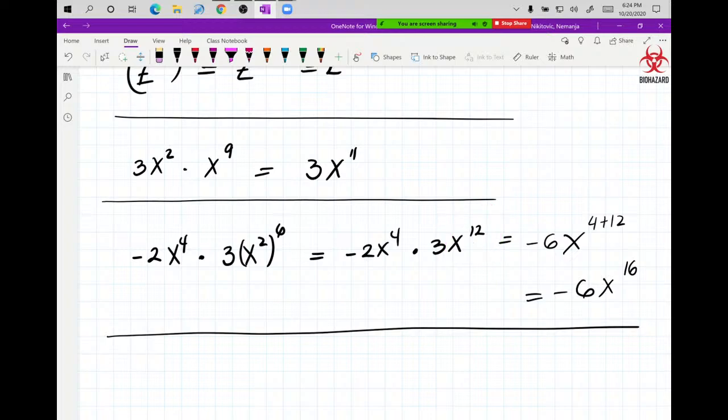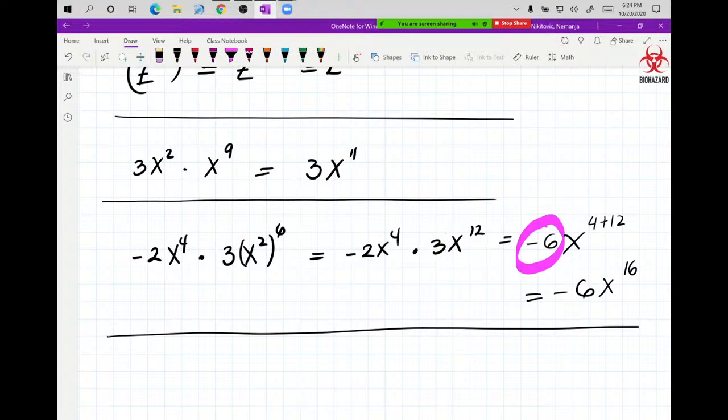Then the next part is, now when we're here, we have our situation when we are supposed to add powers because we have two separate x's. But we also have these numbers in front. And those numbers are taken care of separately from the variables. So negative 2 times 3 is negative 6. That's dealing with just numbers, completely ignoring the x's.